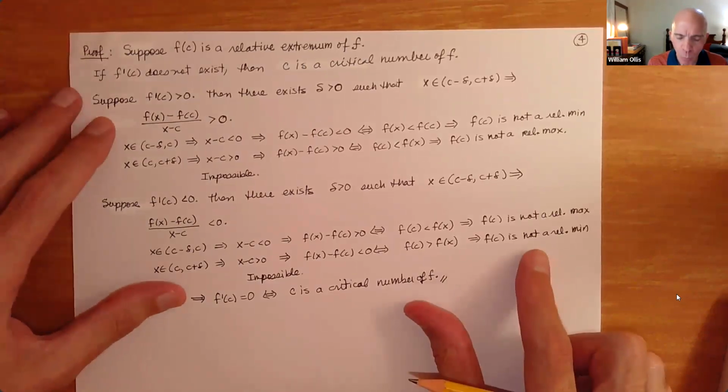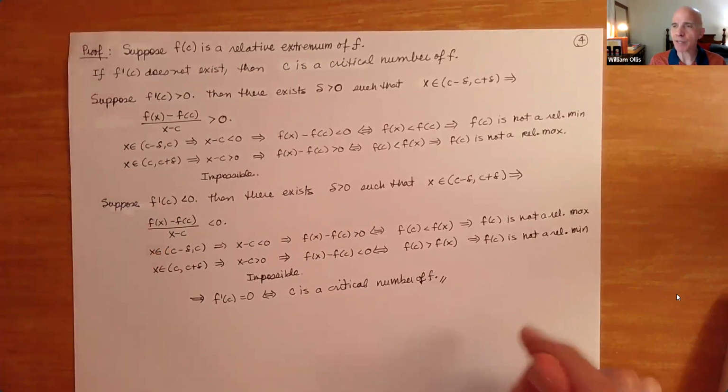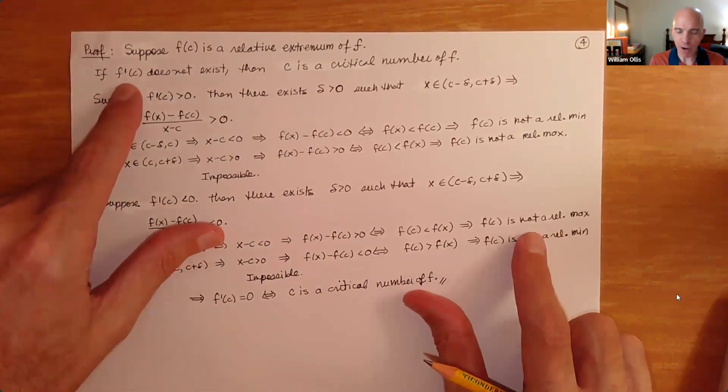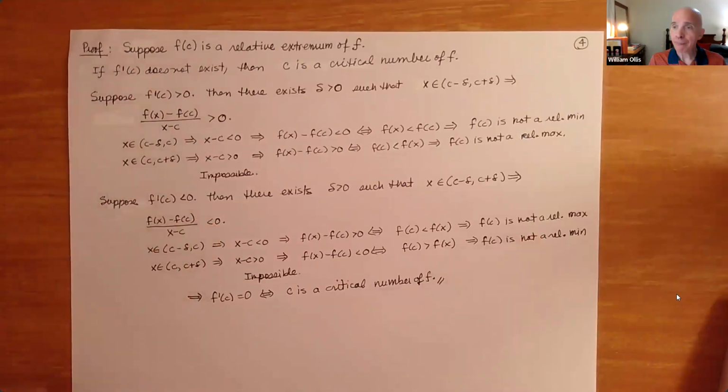Now, one thing about Fermat's theorem is that it relies upon the law of trichotomy. For instance, if we're trying to show that we have a critical number, we've got two cases. And so before the law of trichotomy, we just might assume that f prime of c does not exist. For instance, if f has a relative extremum, boom, we have a relative extremum.